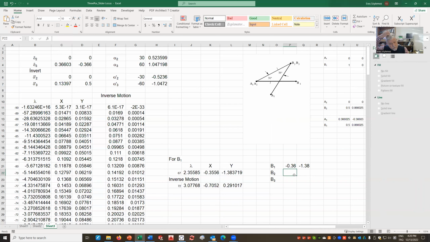To determine B2, I can determine B2. Please, this B2 and this B2 are not the same. Those refer to two different points. I should have changed this A B to C D actually.